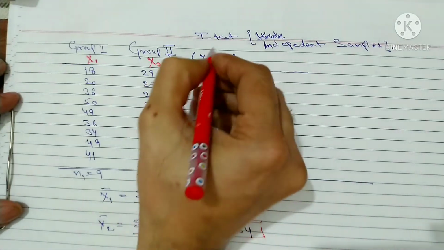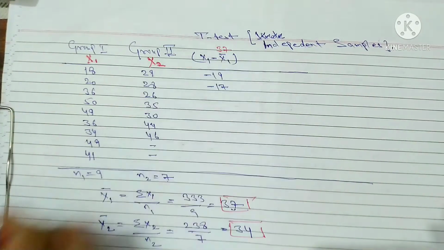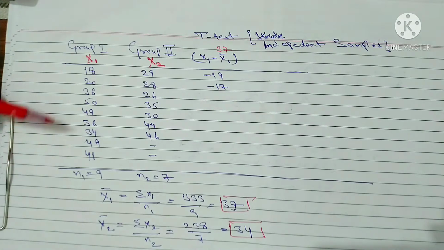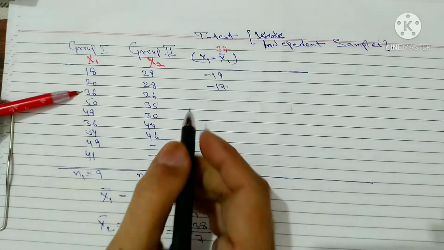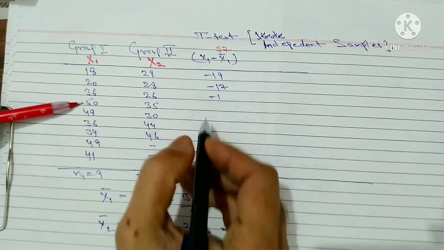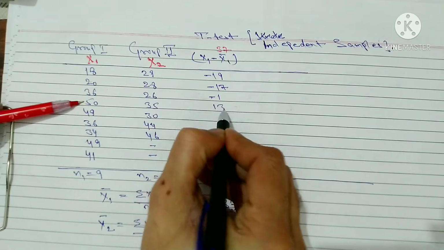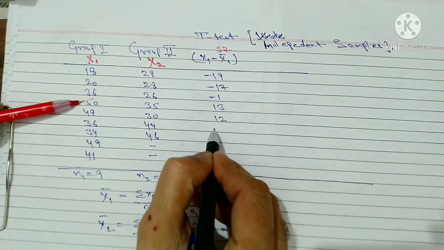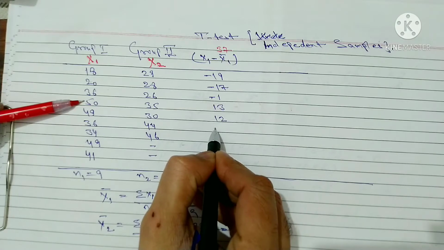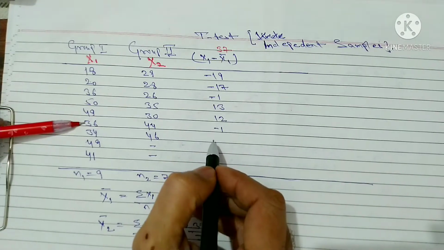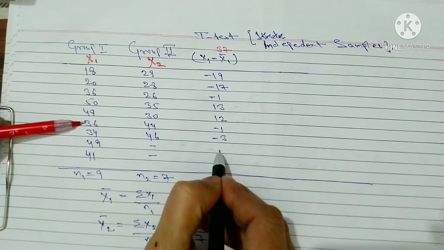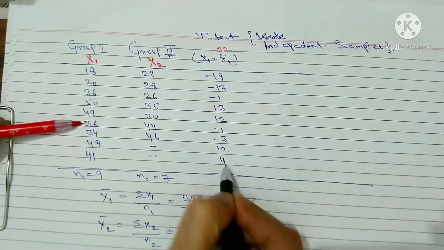Here x1 mean is 37. 36 minus 37 is minus 1. 50 minus 37 is 13, then 12. Then minus 1, minus 3, 12 and 4.